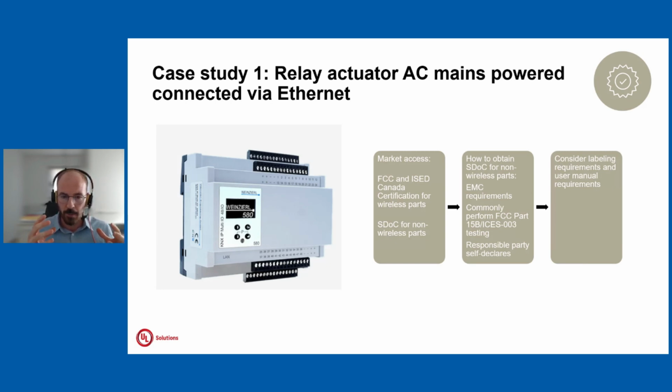Also very important, always consider that FCC and Industry Canada have both user manual and labeling requirements. If you remember the statement at the very end of the supplier declaration of conformity example, it was an FCC indication. This indication needs to be in the labeling of the product, depending on the product category, but in general that may be the case. So there's going to be an FCC statement in your label.